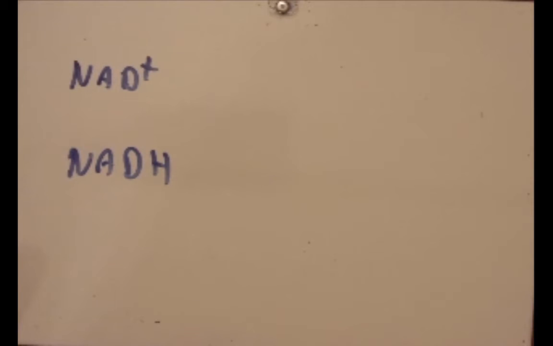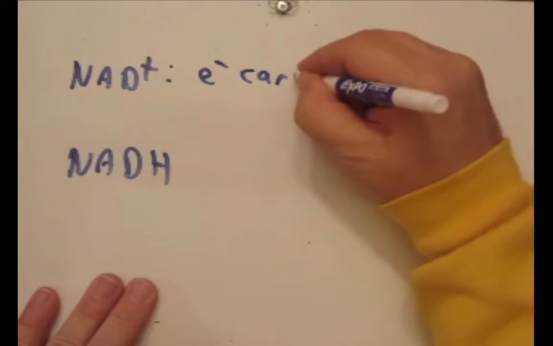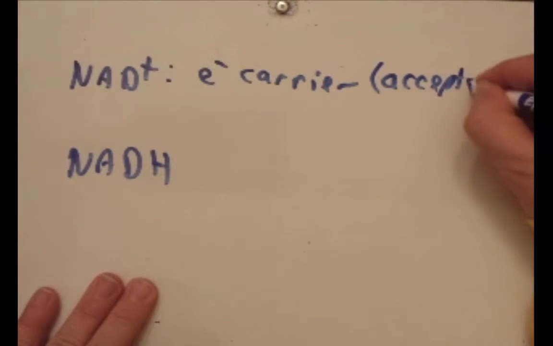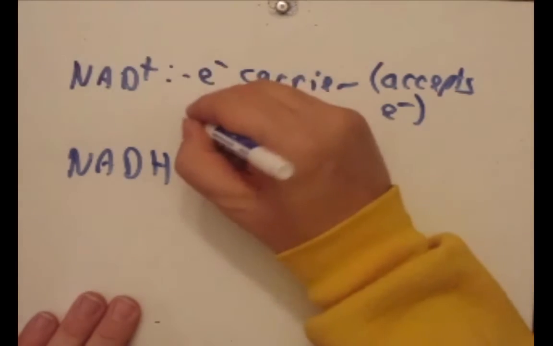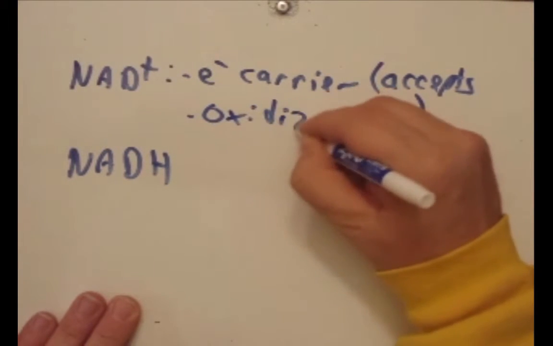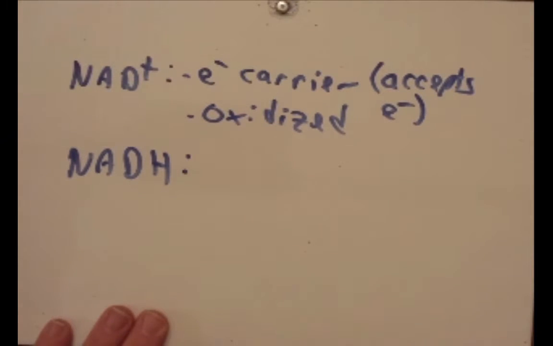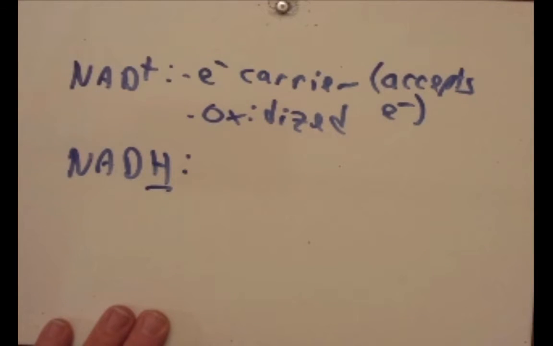But what you should know is that NAD plus is an electron carrier. It accepts electrons. And this is really important. You should also know that this is the oxidized state. NADH is the form of the molecule that has the electron in it, in the form of this hydrogen molecule.